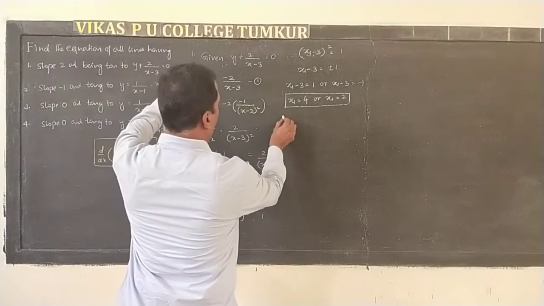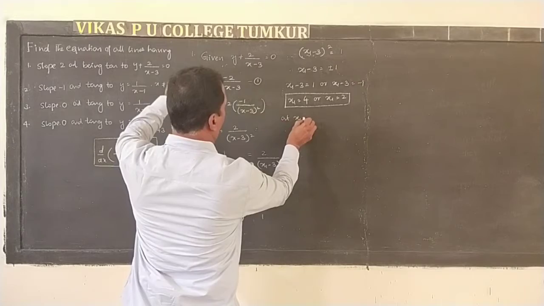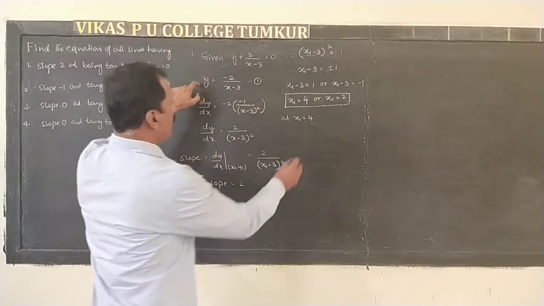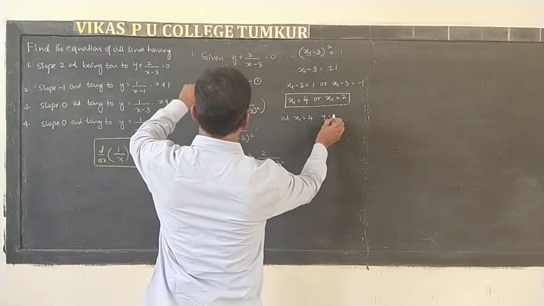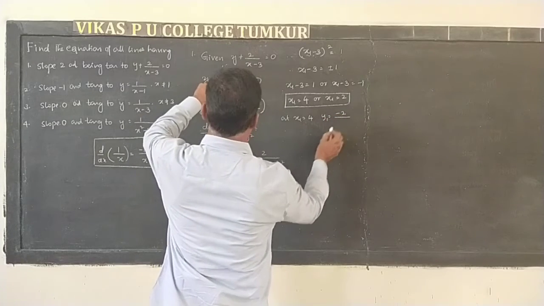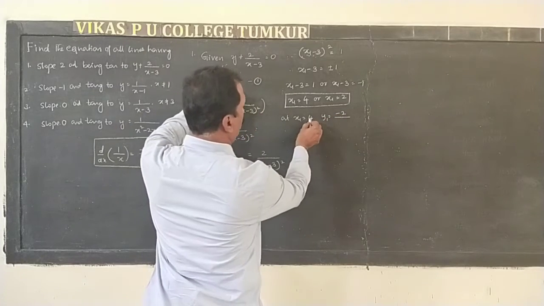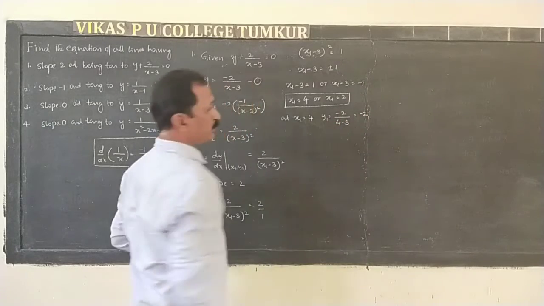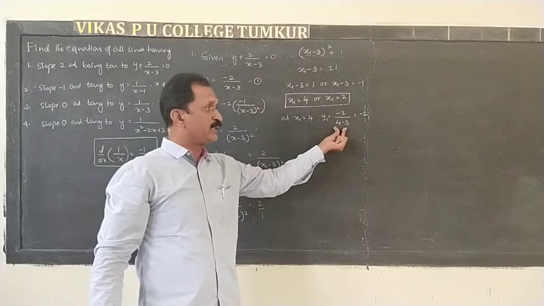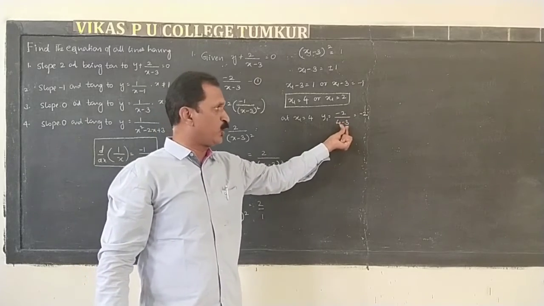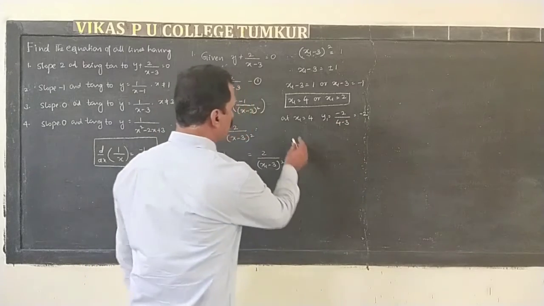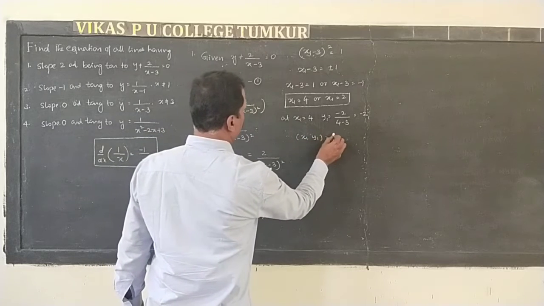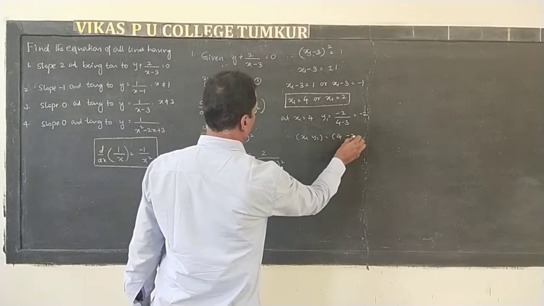Okay. At x1 is equal to 4, what will become y1? y1 is equal to minus 2 divided by x minus 3. 4 minus 3 is 1. Minus 2 by 1 is minus 2. So the first point x1 comma y1 is equal to 4 comma minus 2.